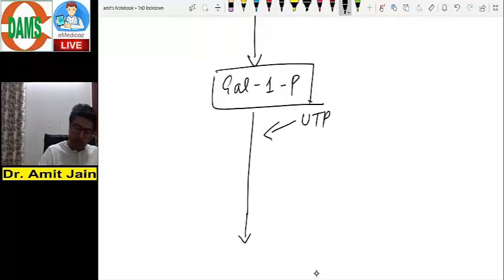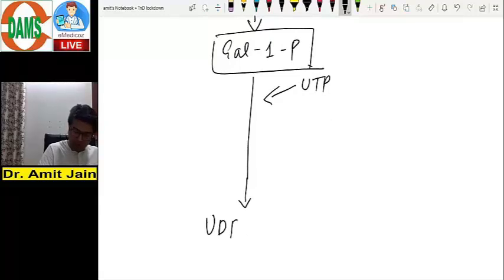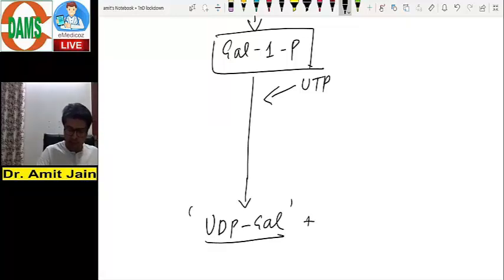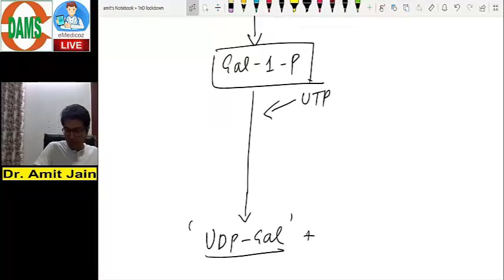And what we get is known as UDP galactose, plus we get glucose 1-phosphate. See guys, basically what happens is we took the UTP and we also take the glucose 1-phosphate.